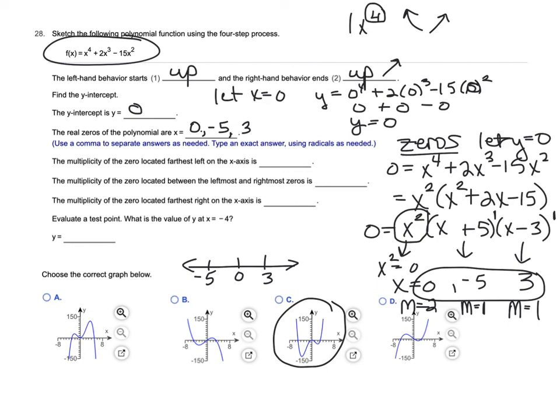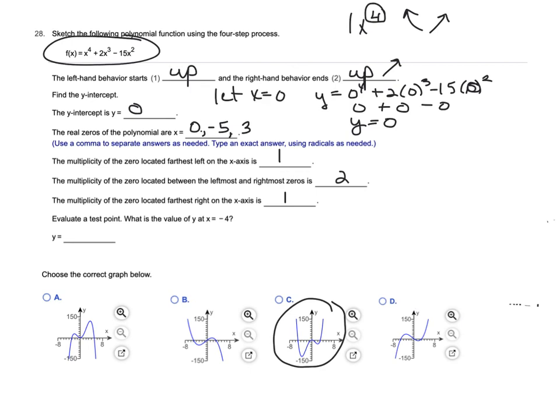So that's how they'll do it. So the multiplicity of the zero farthest to the left, we're talking about negative 5, and we found that negative 5 has multiplicity 1. The multiplicity of the zero located between, which would be 0. Remember, 0 had multiplicity 2. And then the one farthest to the right would be 3, which has multiplicity 1. Okay, so that's how you find the multiplicities.